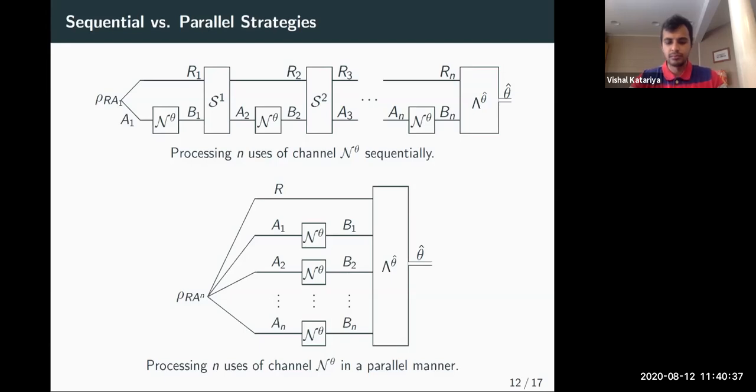Another setting of interest is where there are two kinds of error probabilities. One is the false alarm probability, where you say that the object is there when it in fact is not.